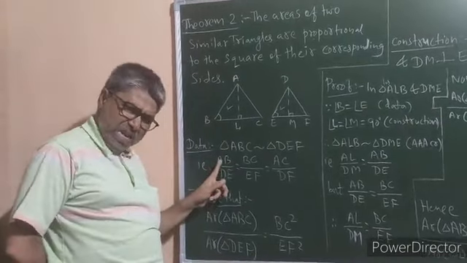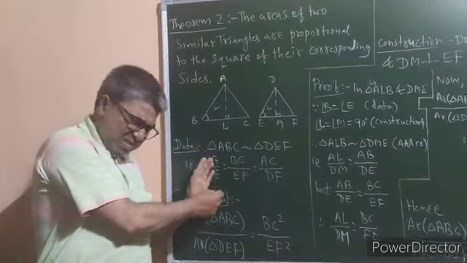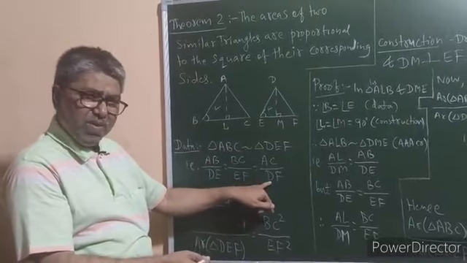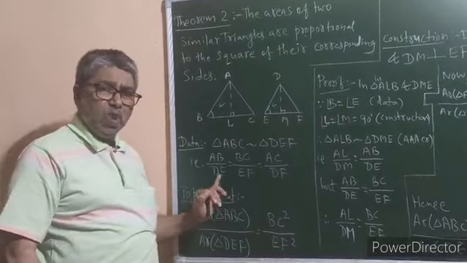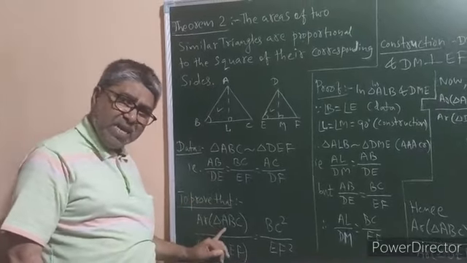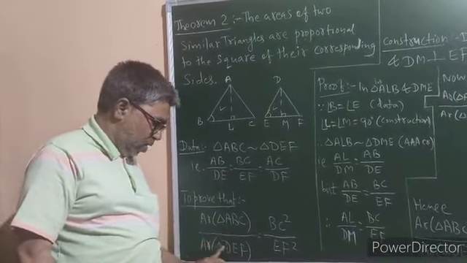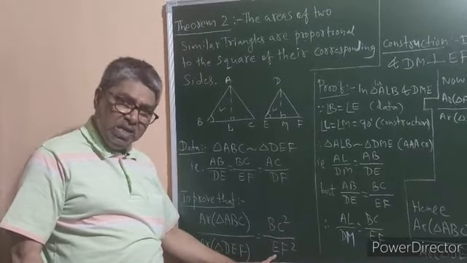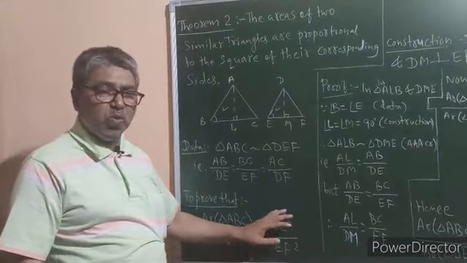So AB upon DE is equal to BC upon EF is equal to AC upon DF. Now, what is to be proved? Area of triangle ABC upon area of triangle DEF is equal to BC square upon EF square. This is what we have to prove.